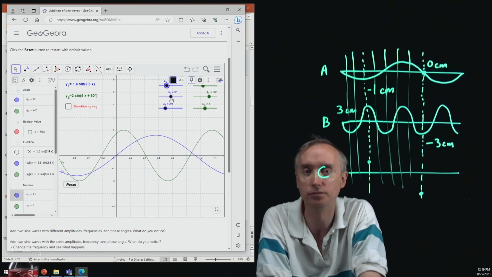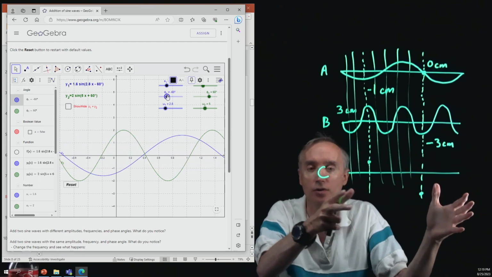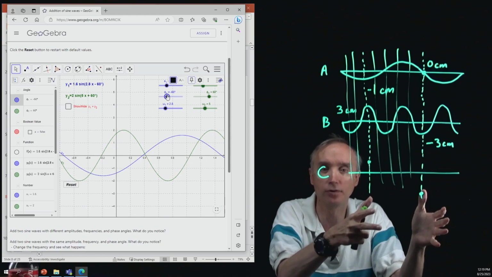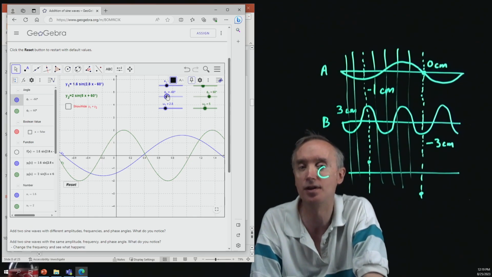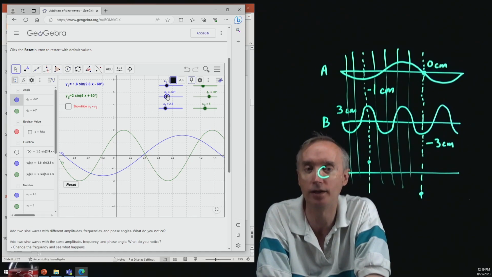Okay, then what about this one? You can see that what it's doing is moving the wave back and forth, but notice it's not changing the wavelength and it's not changing the frequency.